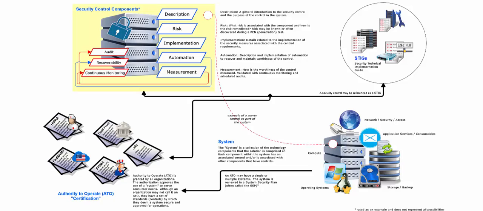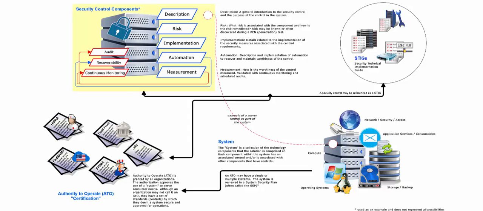I'm going to leave this full screen on for just a moment. Pause the video if you want to take a screen capture or take a look at what these components are within an ATO environment.